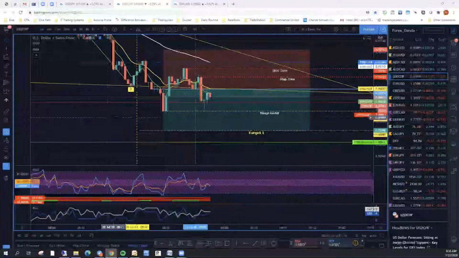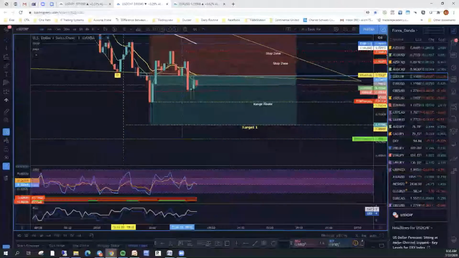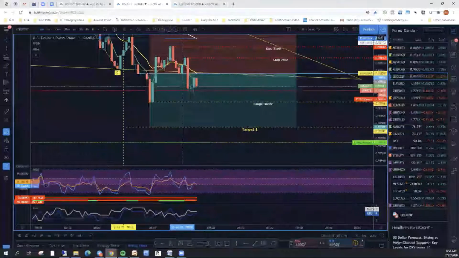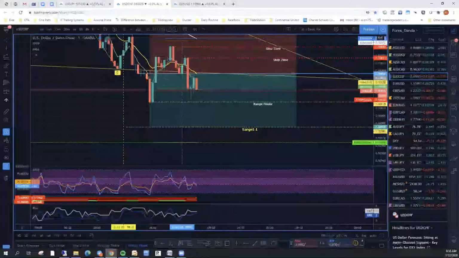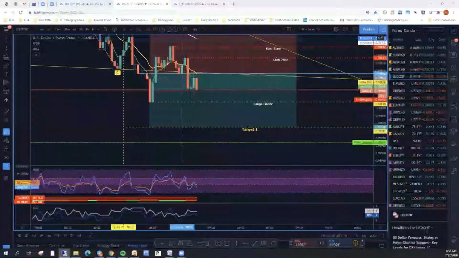Still showing a lot of weakness. I wouldn't say that the picture has changed yet.